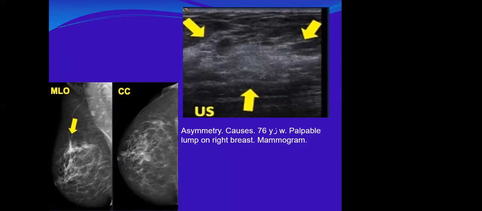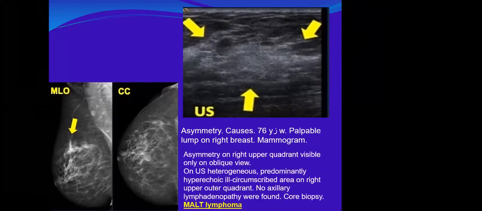As its ultrasound showed hyperechoic mass in a tubular configuration. Since it is palpable abnormality, and on ultrasound the area is just heterogeneous, not very clear, and she's old, she has palpable abnormality, we have to proceed to biopsy, and it was MALT lymphoma, the core biopsy result.